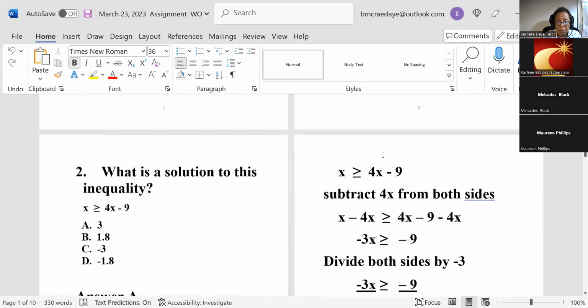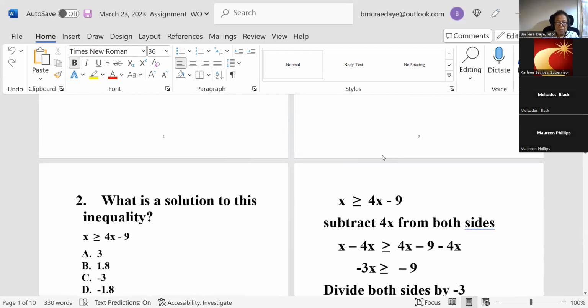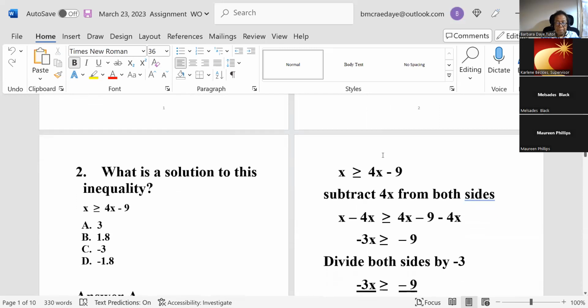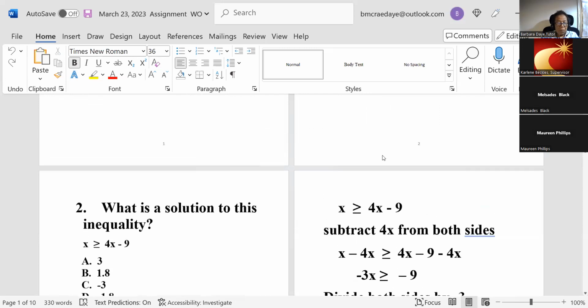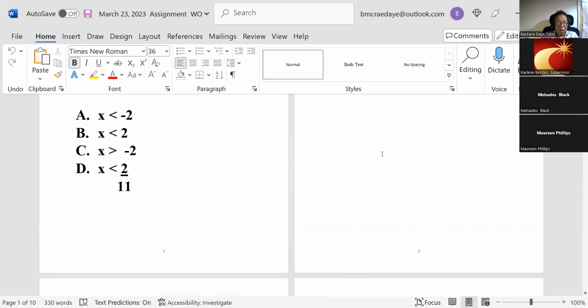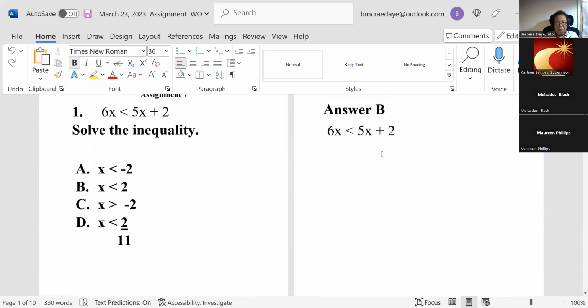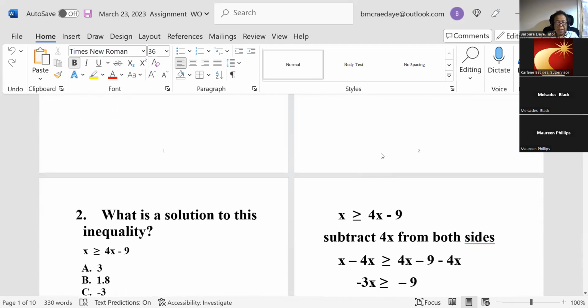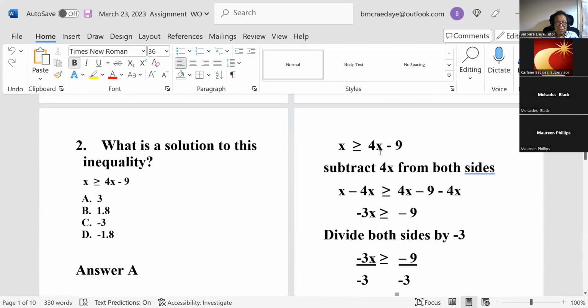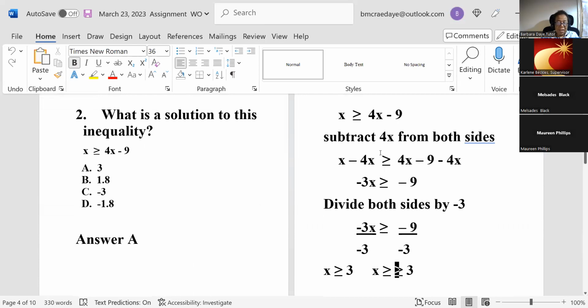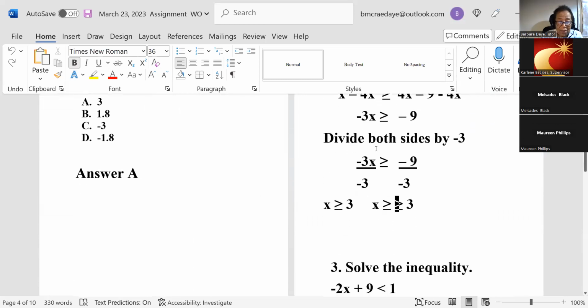I observed you didn't put the equality sign in the answer you gave. No, I didn't, because that's not what I asked for. I said the solution. I'm just saying, had I asked for that, then you would have had less than or equal.